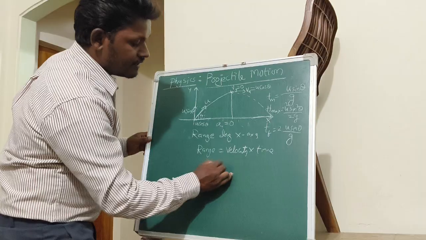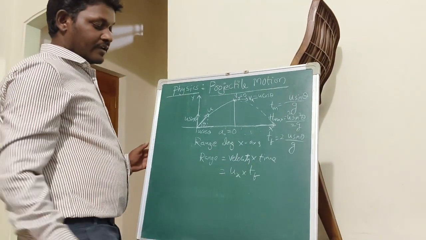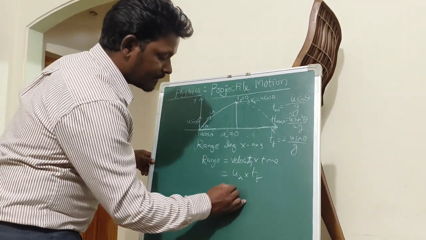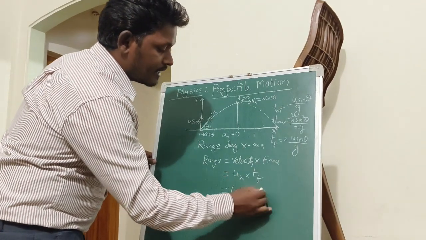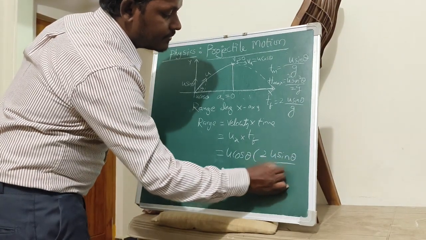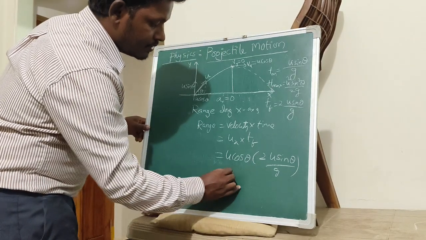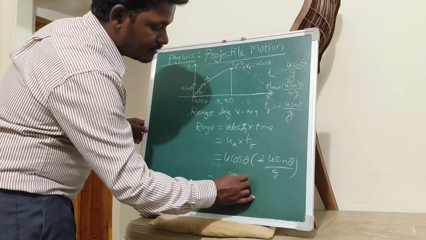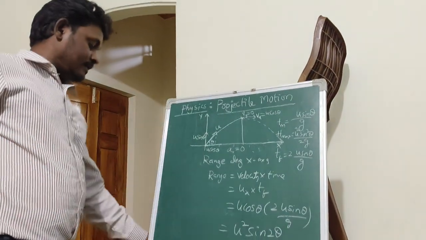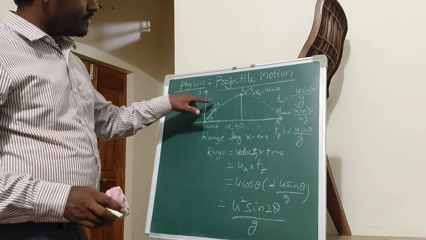What is velocity? Ux. What is time? The time taken is the time of flight. We know that along the x direction the velocity is u cos theta. The time of flight is 2u sin theta by g. So if you simplify this, you will get u square sin 2 theta by g. This is the range covered by the body projected with theta angle with u velocity.